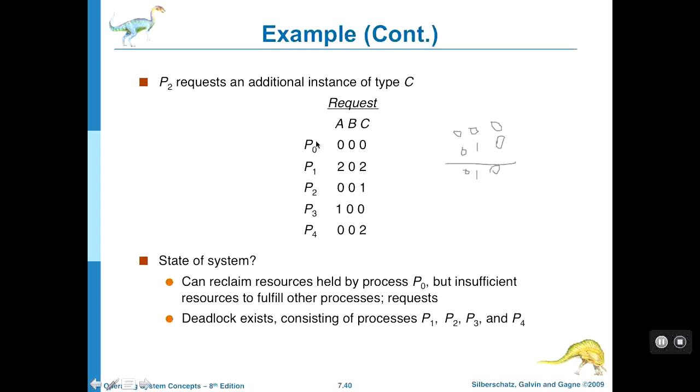We got P0, but we didn't get these other processes. The deadlock not only exists, but processes 1, 2, 3, and 4 are actually part of that deadlock. So this works quite a bit like Banker's, but not exactly. But this allows us to detect when a system has a deadlock and which processes are actually involved.